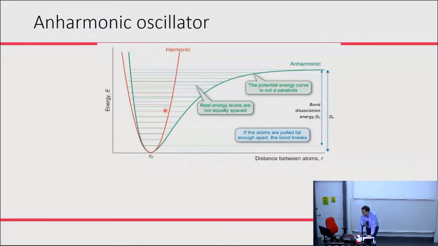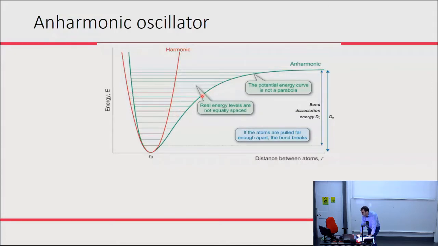This has a couple of implications. The first is we still see this zero-point energy. This lowest v equals 0 level is still non-zero. But as we increase in energy, because the well is widened, the steps up in energy levels get slightly less and less each time. So the green lines of the vibrational states here are slightly lower than the red lines of the harmonic oscillator.